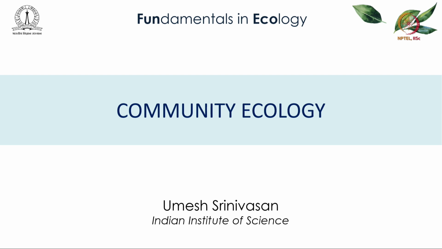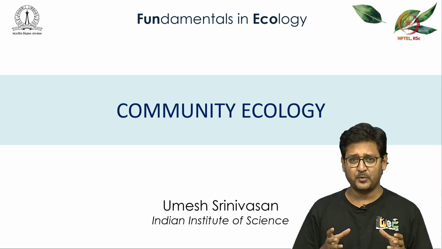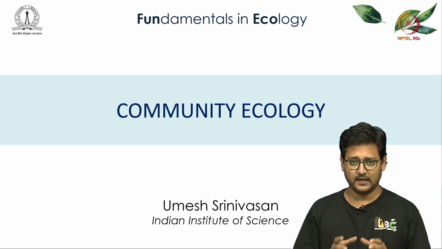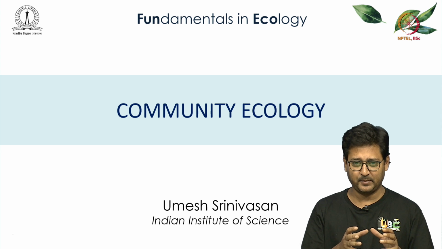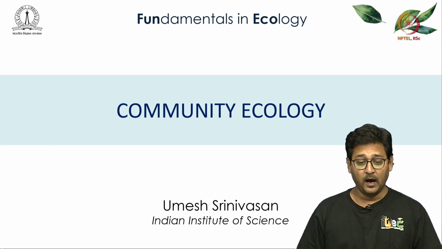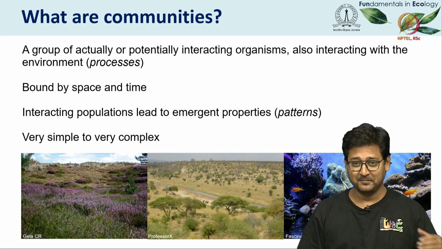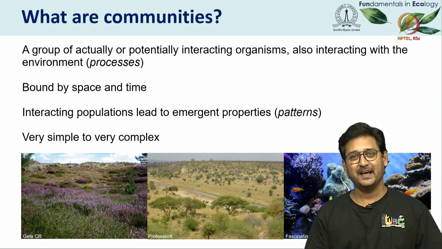If you remember, our definition of communities is that it is a set of populations of multiple species that are present at a particular place in a particular time. So, what are communities, right?